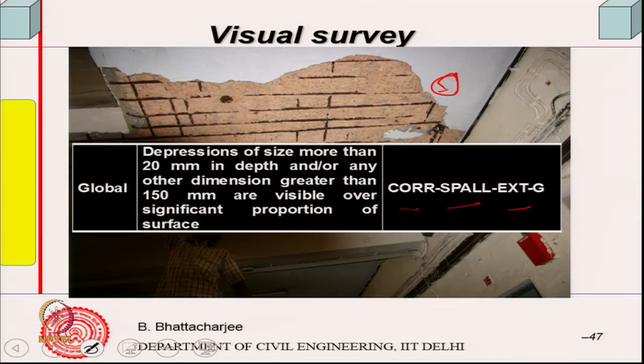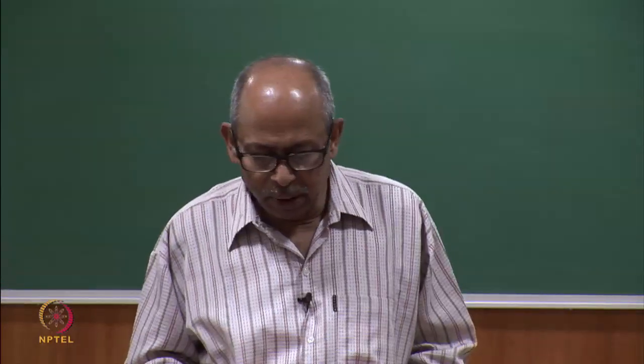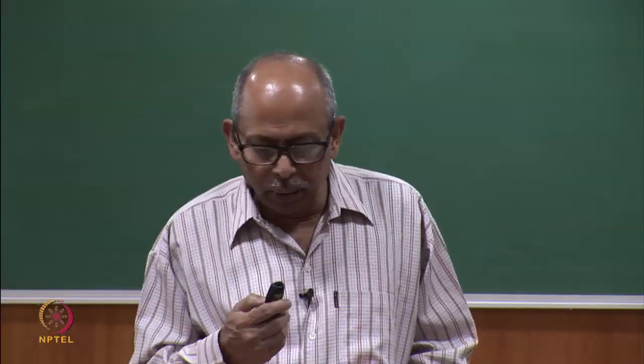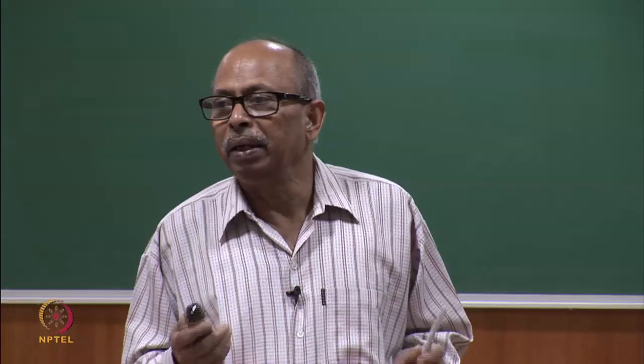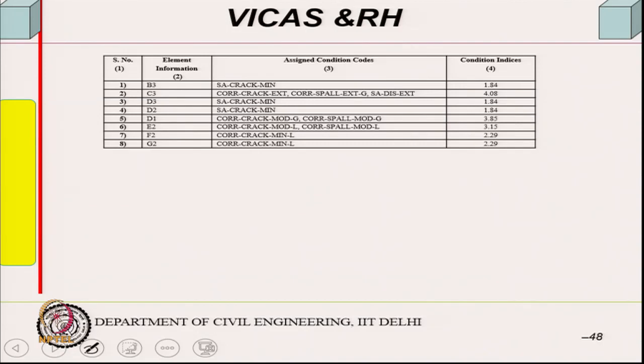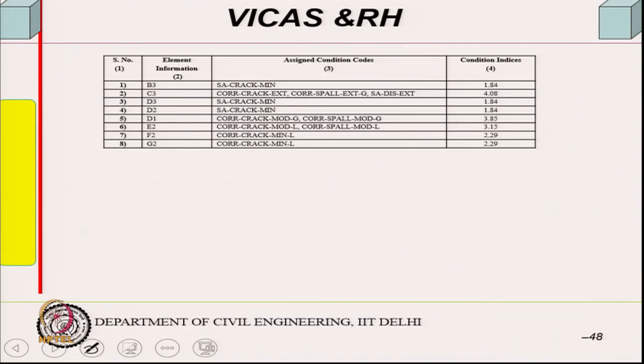This kind of complete code we have actually developed, and it is available if one wants it. Then such coding you can put together and come out with a kind of index for the whole building, first for the element and then for the building. For example, like element number, and this is the code; the codes are something like this.